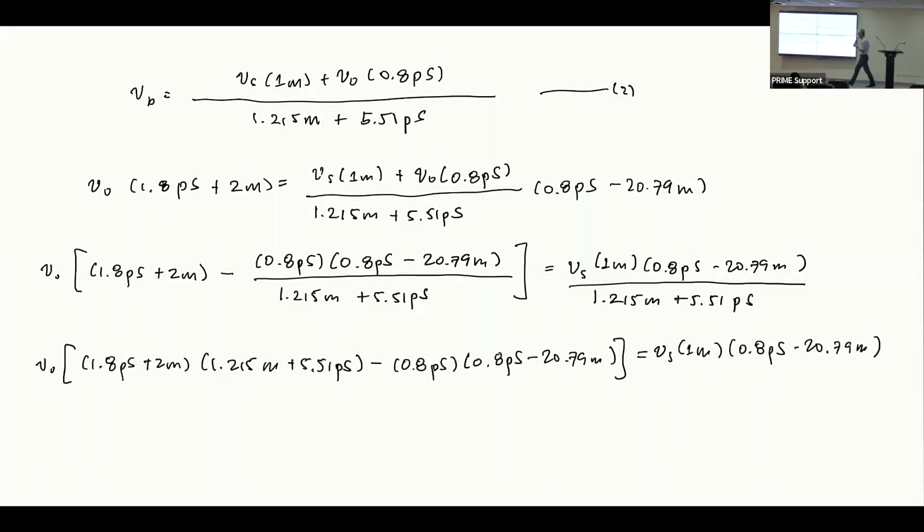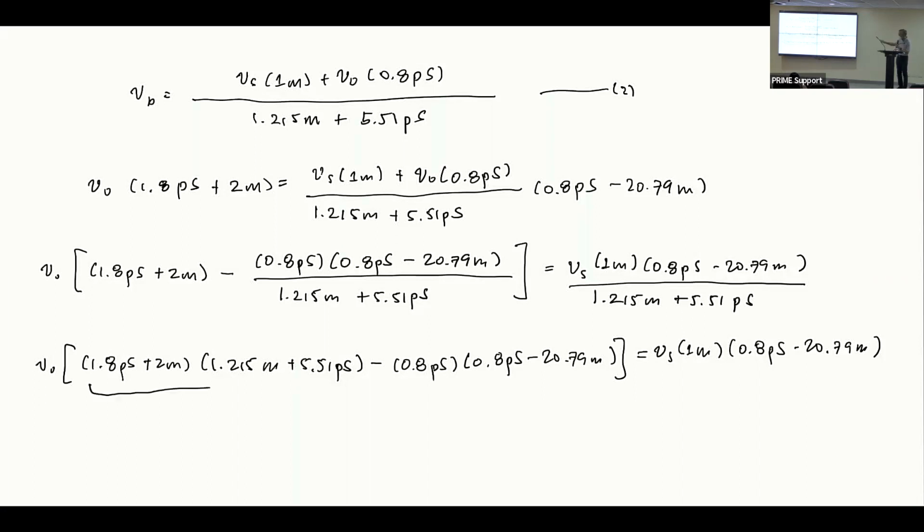And then now, I can multiply this out and combine terms. If I multiply that out and combine terms, I'm just going to tell you what is going to come out.